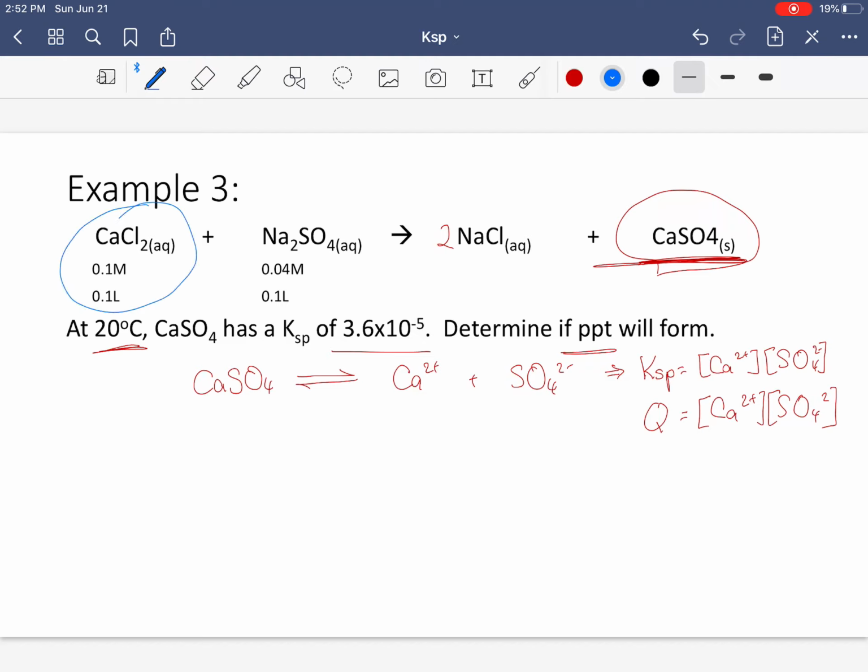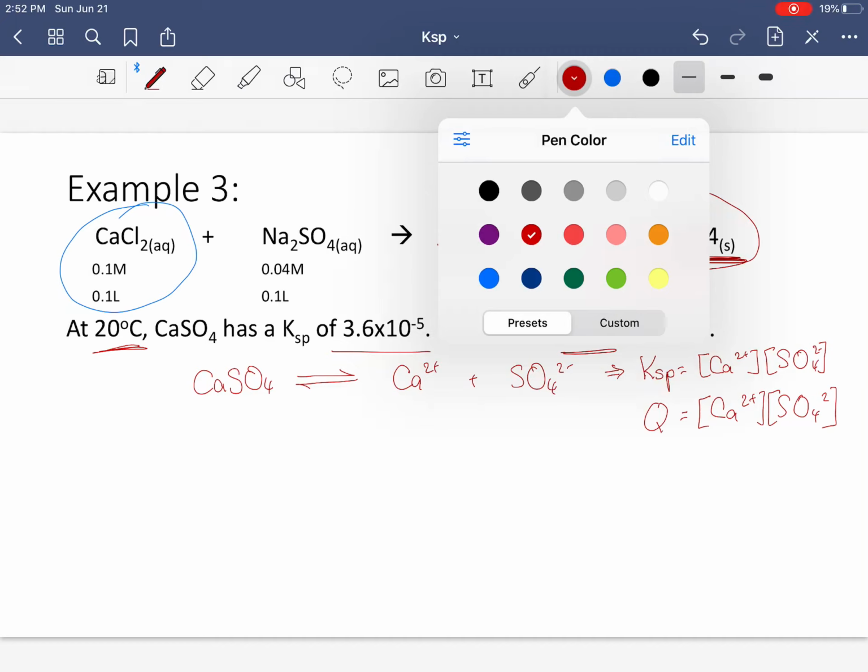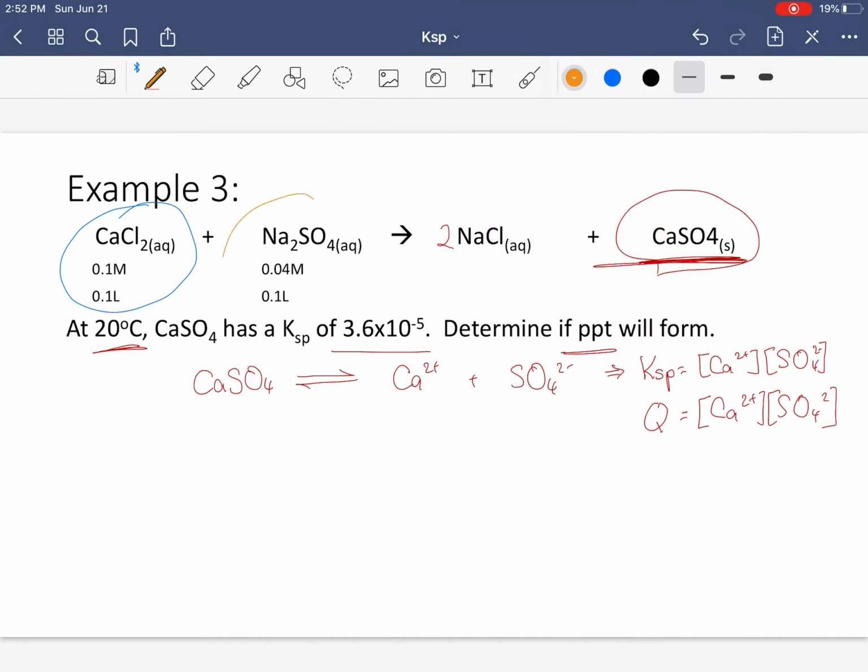I'm going to look at this in blue, and this in orange. I hardly use orange. Okay, so let's take a look at calcium. How do we find the concentration of calcium 2+?